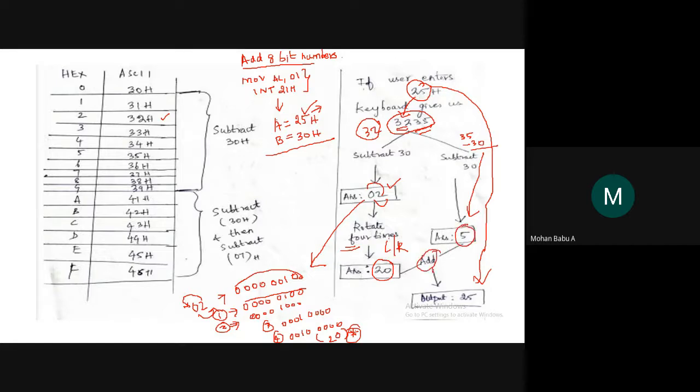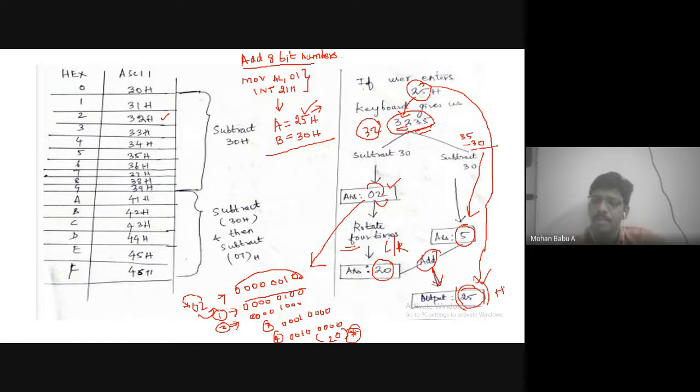After adding, you will get the original number as 25. This is the procedure for how to convert the number entered on the keyboard back to the original number.